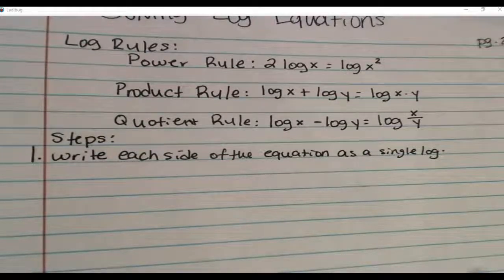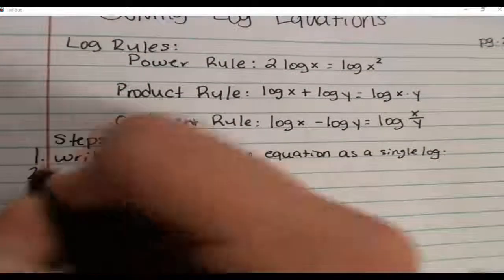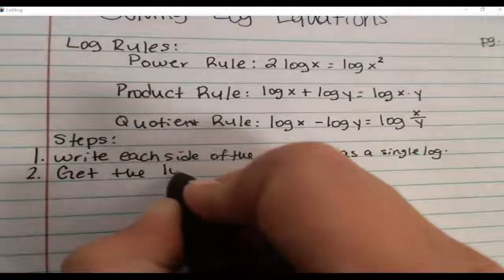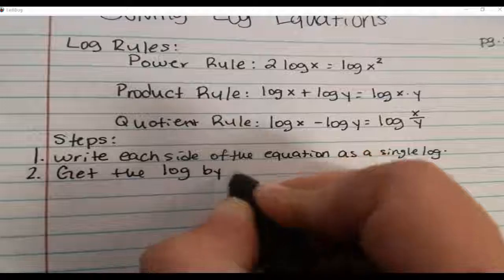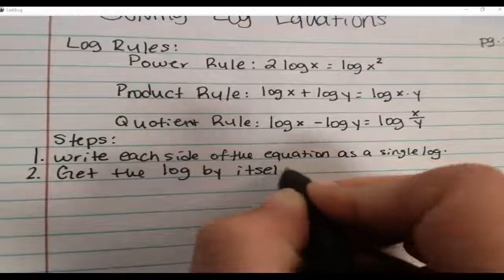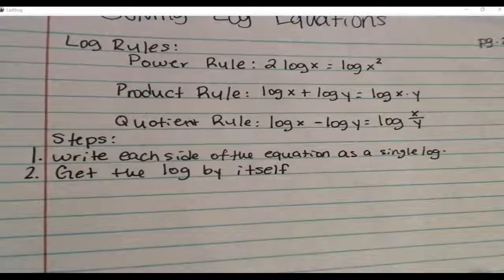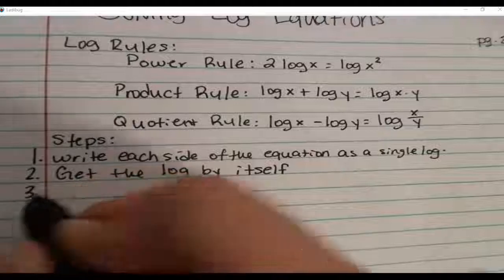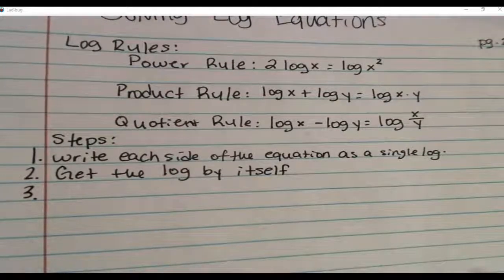Then the steps from here are similar to the exponential. So the next thing we want to do is get the log by itself. So same as exponential. We want the exponential by itself. Now we want the log by itself. Okay. And now we want to change the form.